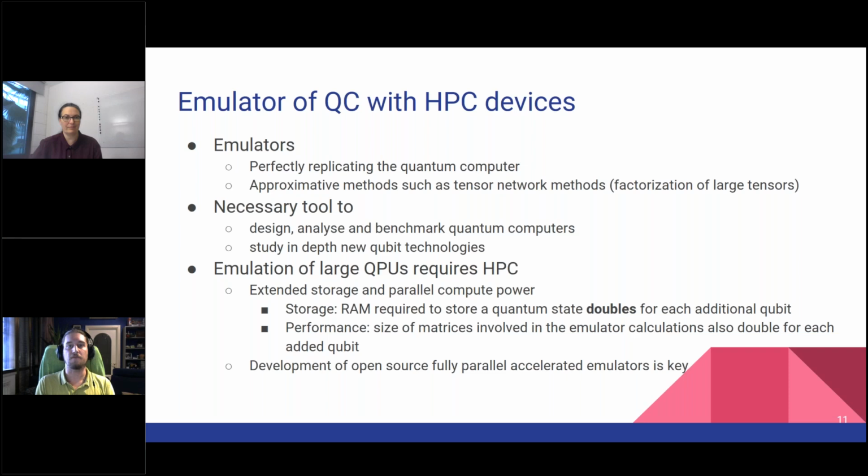So if you implement this kind of calculation on a classical computer, you obtain an emulator of a quantum computer. With this technique, it is possible to emulate a perfect quantum computer, and this is a very good point that we will stress later. By perfect quantum computer, I mean something with infinite coherence time, no possibility of error in the application of quantum gates, and so on. A perfect quantum computer that we can use, for example, to test our quantum calculations.